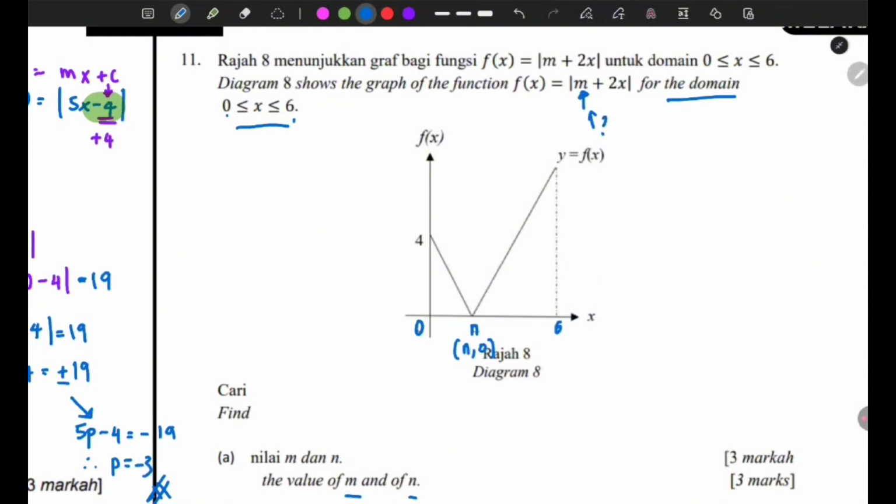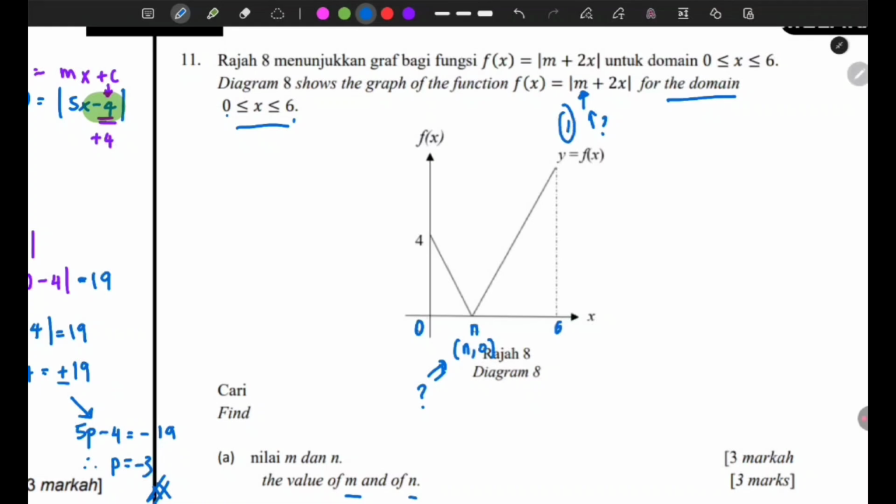If you find your n first, it will be too complicated, because inside the equation there is already an unknown, which is the m, and you add in another unknown, which is the n value. So there are two unknowns in the same equation. It's really difficult to solve. So you have to solve the m first, then the n.